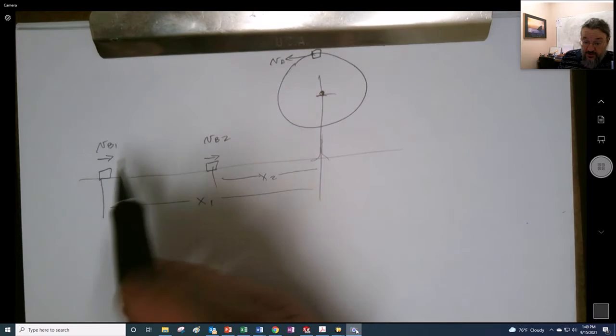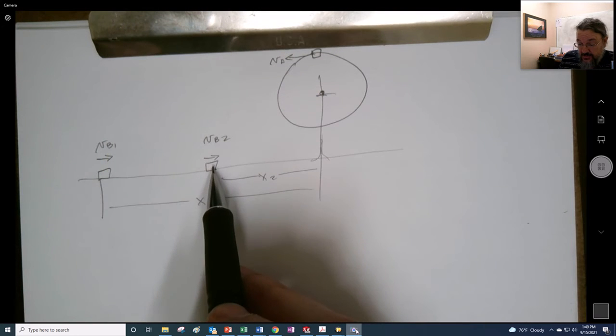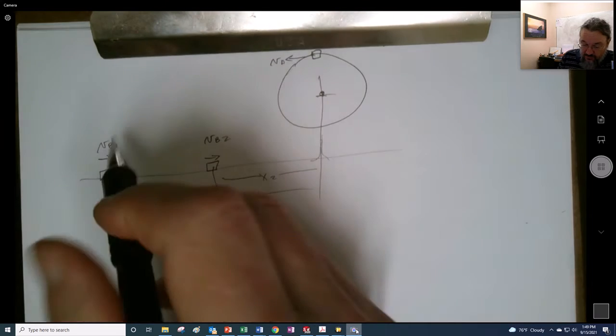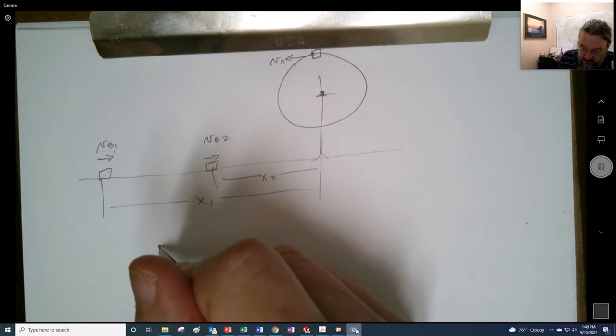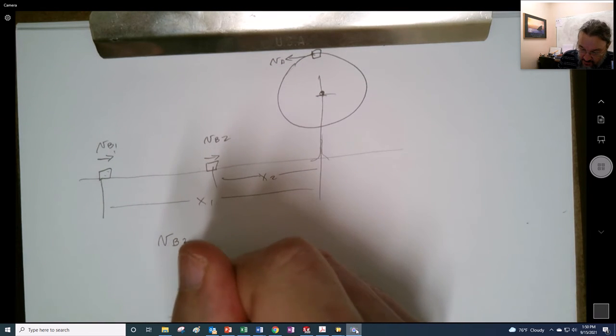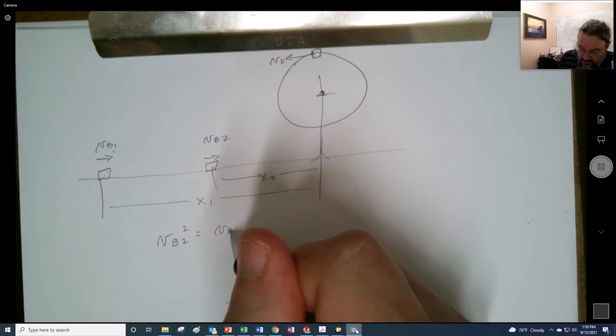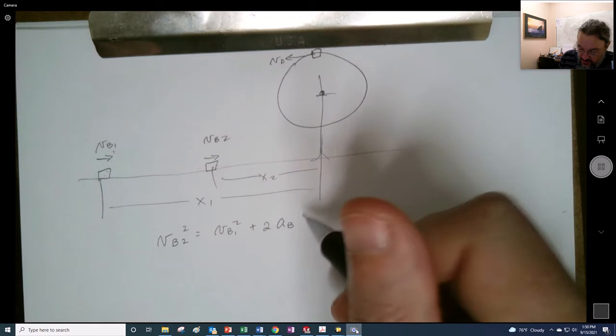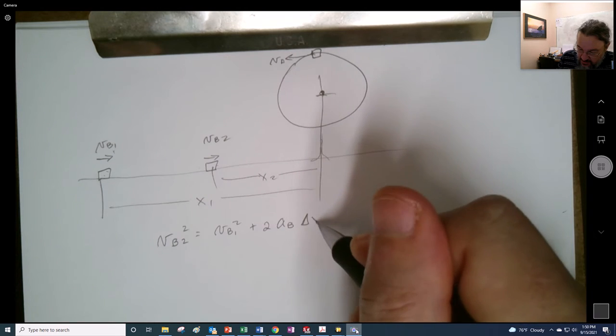So the first thing we want to do is find out what the deceleration is between these two spots. We were given the velocity here and the velocity there, so we could say VB2 squared is going to be VB1 squared plus 2 times the acceleration of B times this delta x.